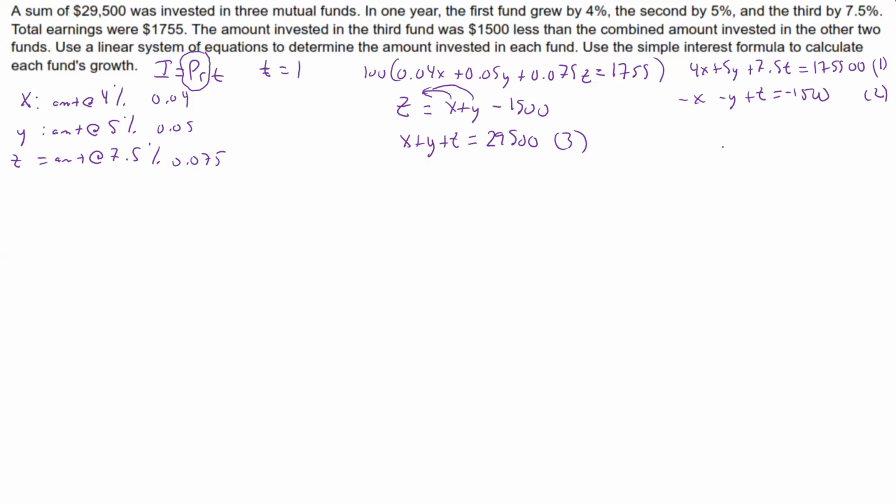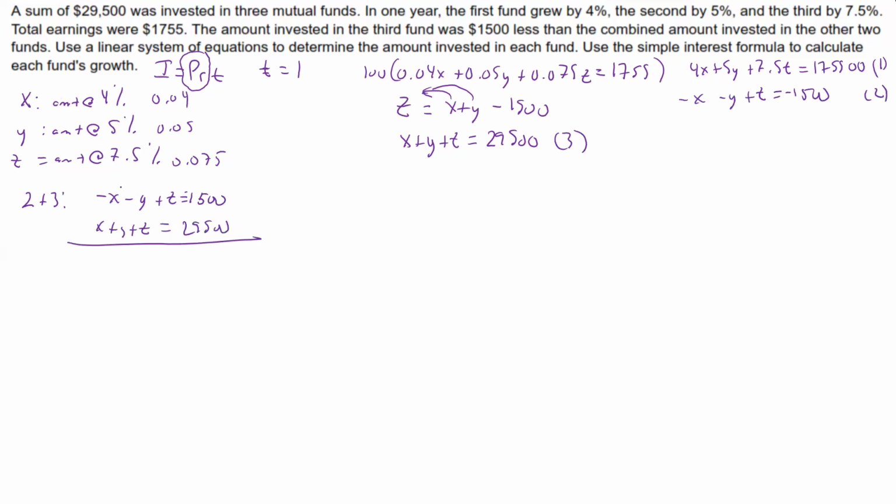Now looking at these equations, if we take equation 2 plus equation 3, I'm going to get rid of x and y right away and get z. So minus x minus y plus z equals negative 1,500, and x plus y plus z equals 29,500.